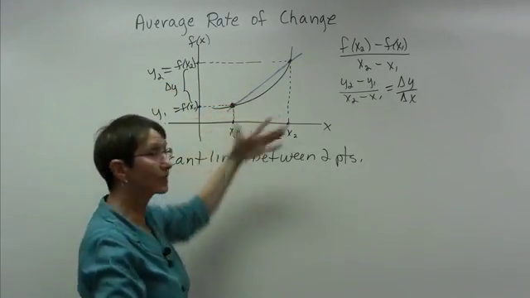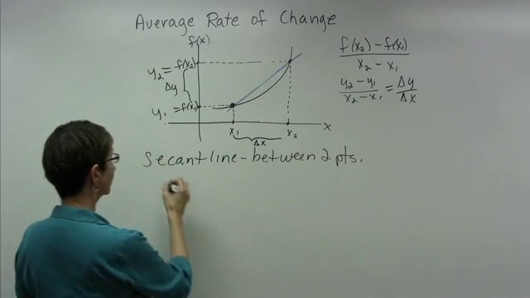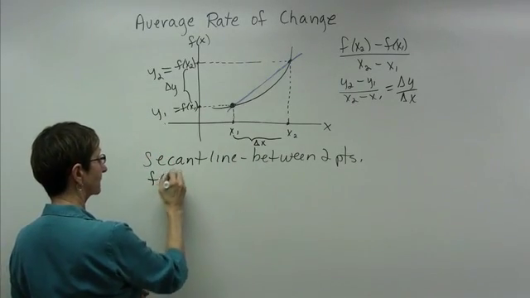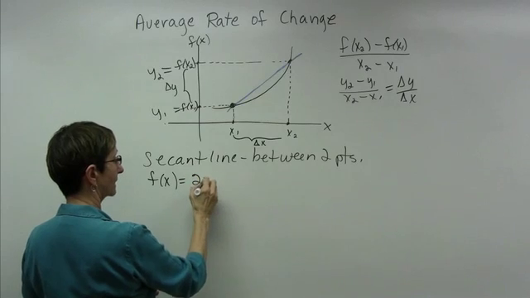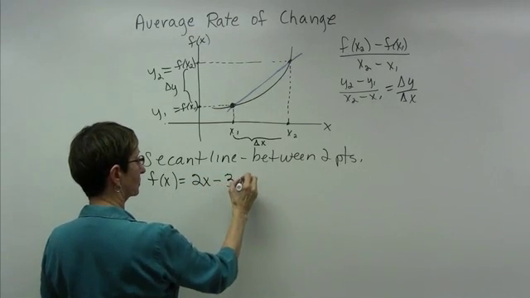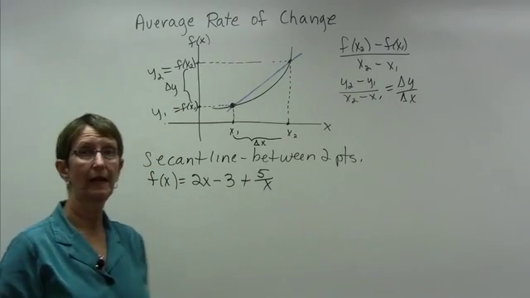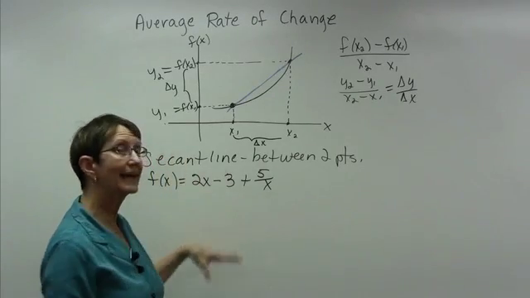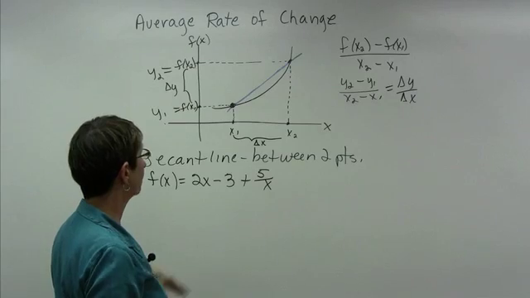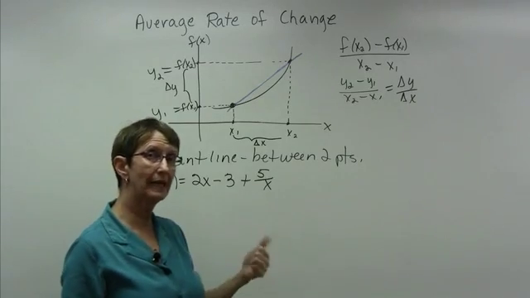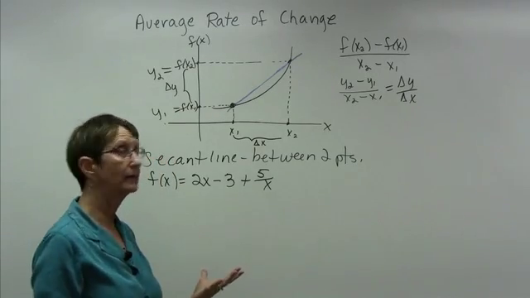Let's look at a particular function. Let's look at f of x equal to 2x minus 3 plus 5 over x. And I want to look at the secant line between the point where x is equal to 2 and x is equal to 2.5.